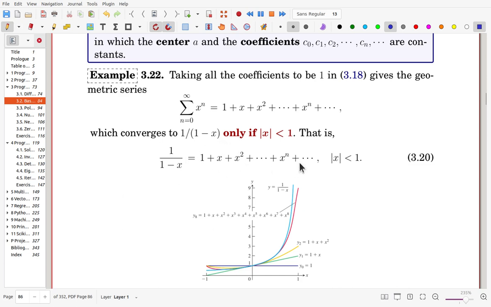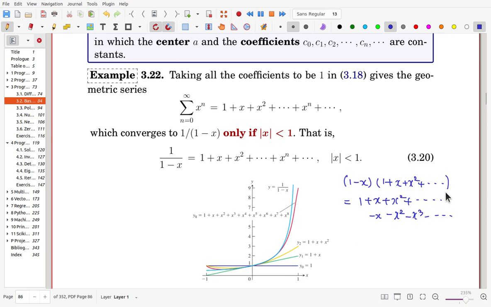For example, if we multiply 1 minus x by 1 plus x plus x squared plus, and so on, then along with the 1 there is minus x, and then minus x squared, minus x cubed, and so on, so that the terms cancel out.